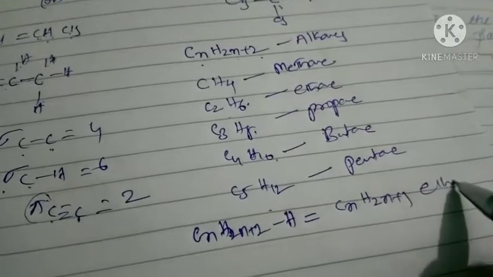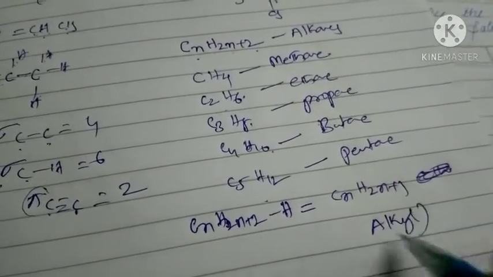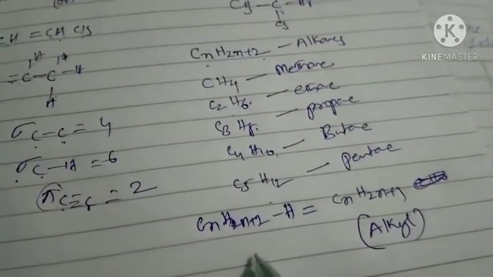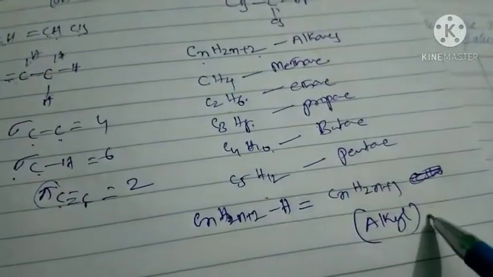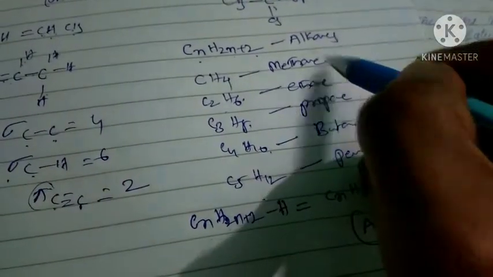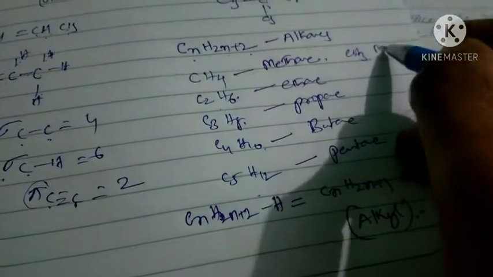This part is called alkyl. So you have to understand, if you remove one hydrogen from an alkane, you get an alkyl. Similarly, if you remove one hydrogen from methane, you get CH3, that is called methyl.